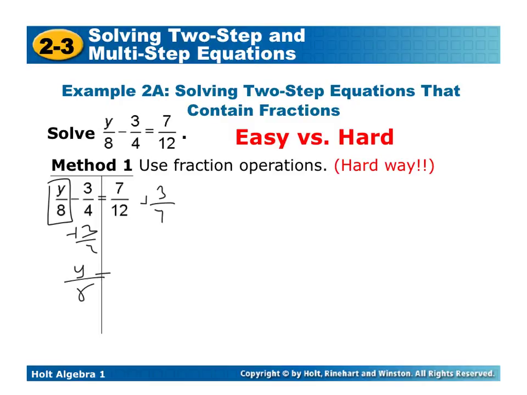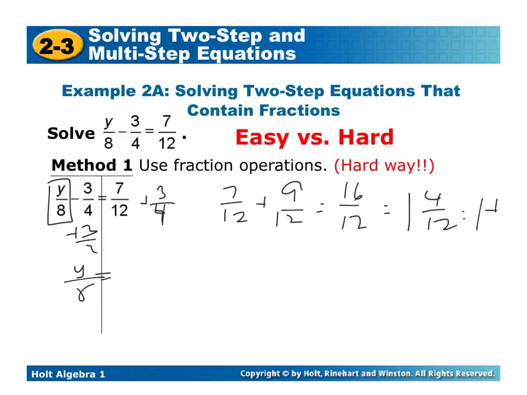So I have y over 8 equals, now here our common denominator would be 12. So this is going to say 7/12 plus 9/12. So it would be times 3 times 3. Now if I add 7 plus 9, that is 16/12. 12 goes into 16 once with 4 left over.